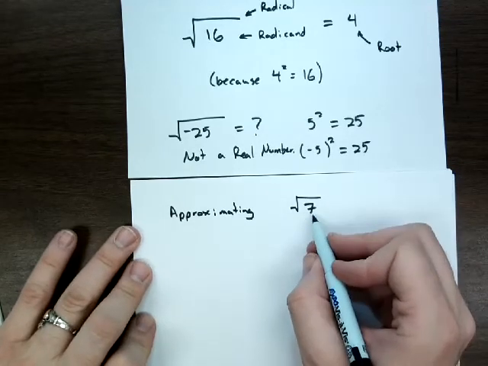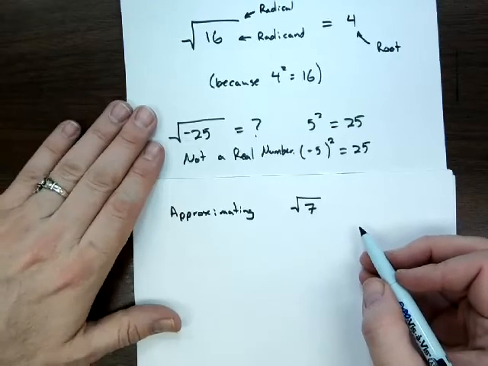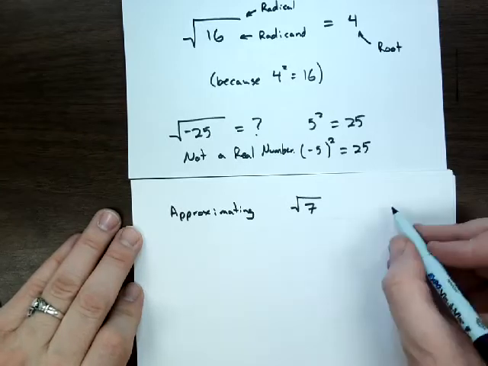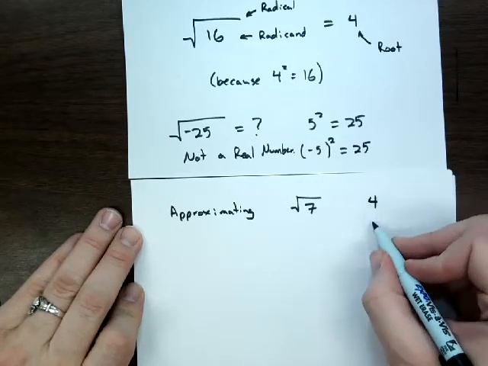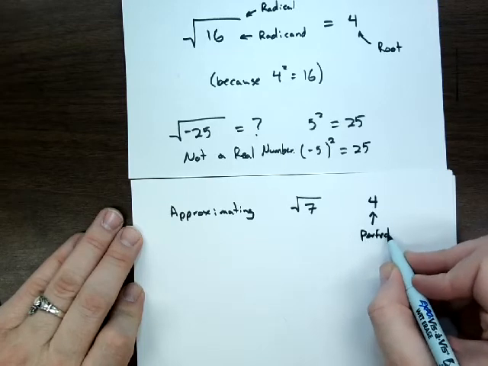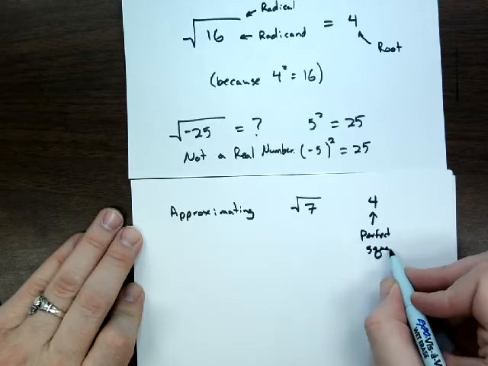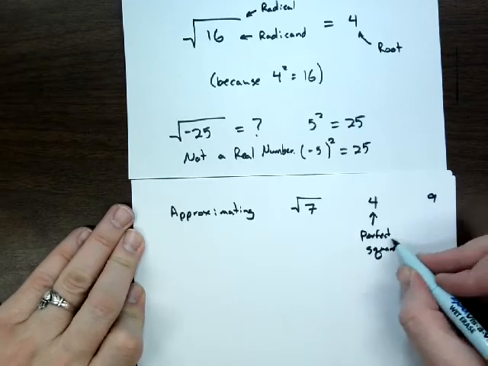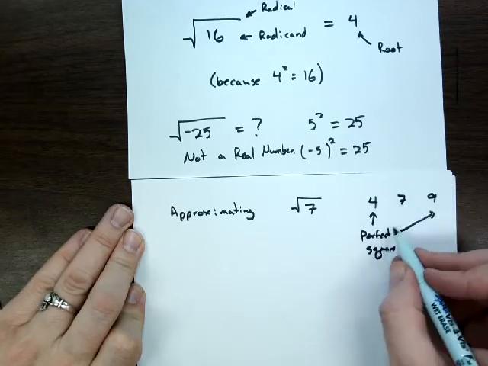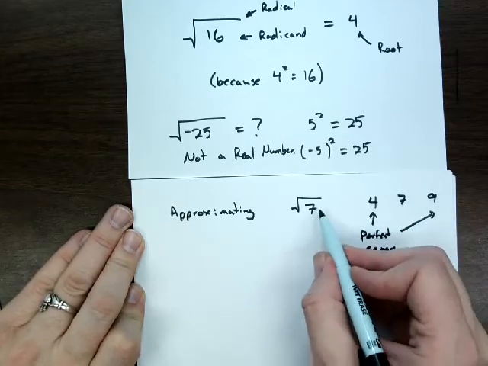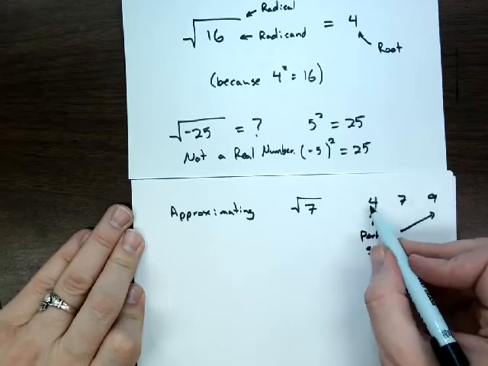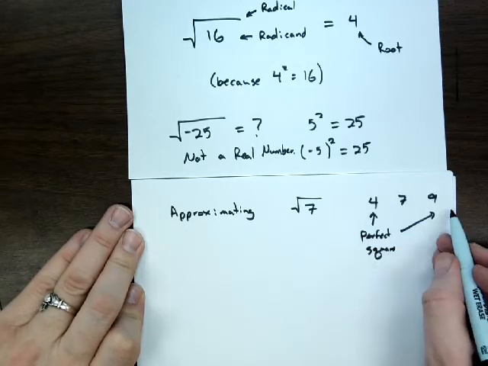If I take a look at this, I notice that 7 is in between a couple of my perfect squares. 4 is a perfect square, and 9 is a perfect square. 7 is in between these two, which means I would expect this number to be in between the square root of 4 and the square root of 9.